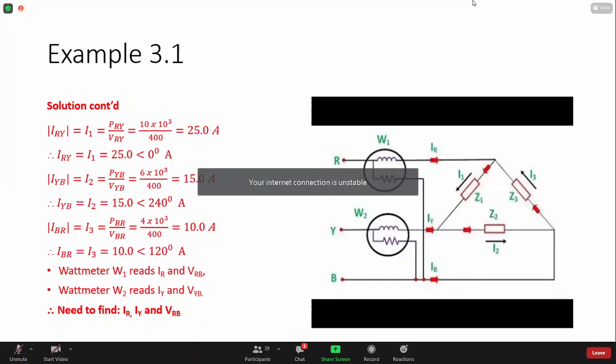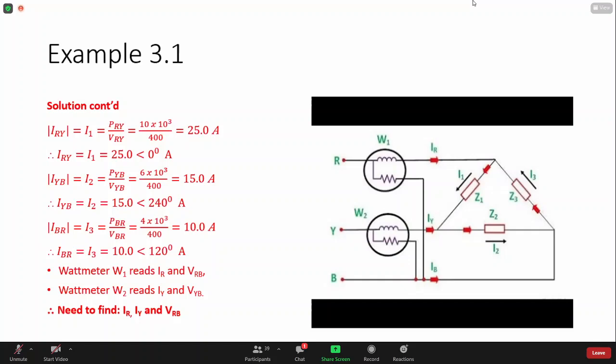So we define our voltages, and we need now to work out, and we'll define what the formula for the power is in each phase. So we need now to work out the current that is flowing in each phase. So the current in each phase, we are used to saying IRY, but notice that they have labeled it as I1. So I just use that also, right?